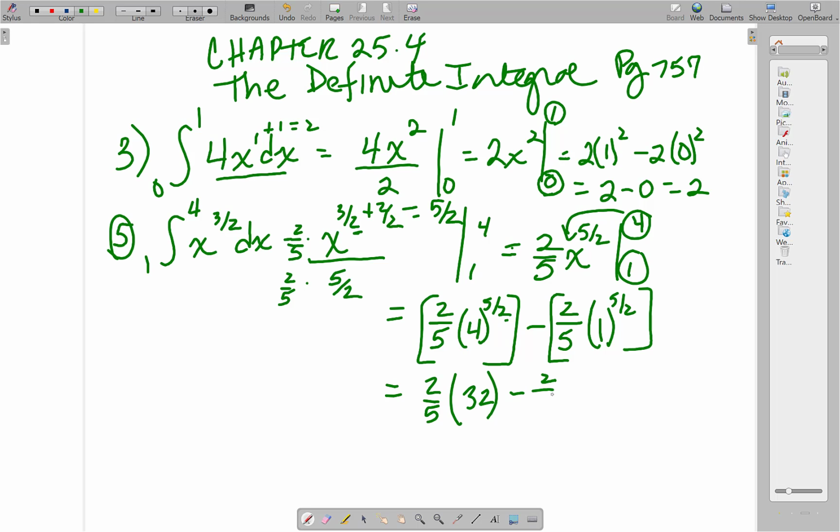Minus 2/5 times 1 to the 5 halves power, which is just 1. So we have here 2/5 times 32, which will give us 64/5 minus 2/5, which gives us 62 fifths for our answer. And that is problem 5.